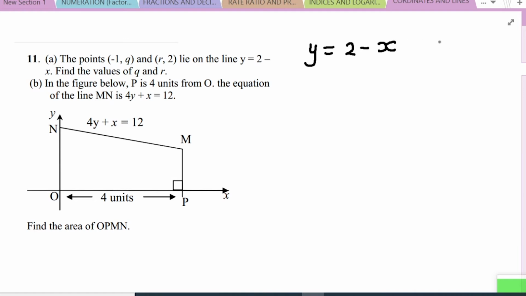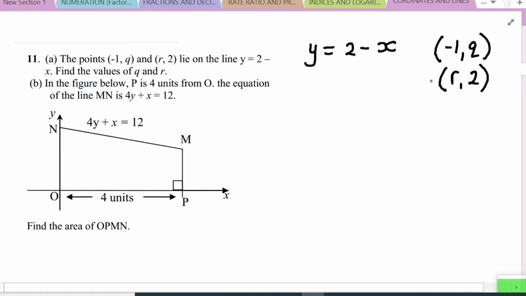So what are the 2 points? We have (-1, q) and (r, 2). So here what we are going to do is create an equation for both of these. This is x, that is y. This is x, that is y.